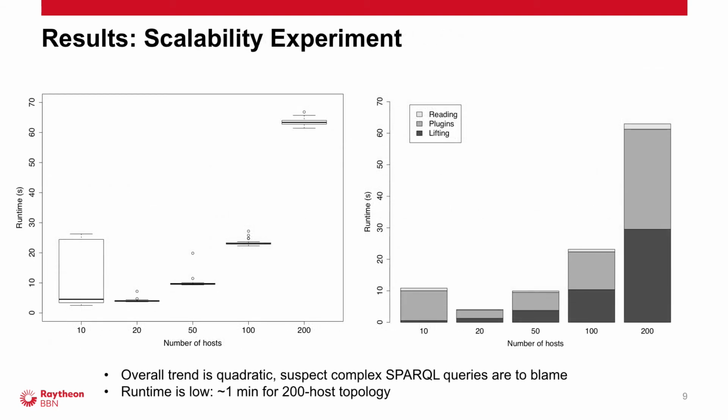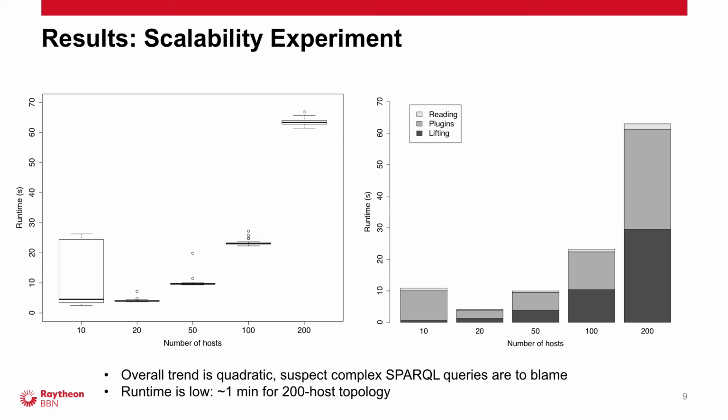We also did a scalability experiment to see how well the semantic processing pipeline will scale. We expanded our topology from 10 hosts all the way to 200, then ran these experiments and collected the data, running it through the semantic processing pipeline using the same configuration as before.